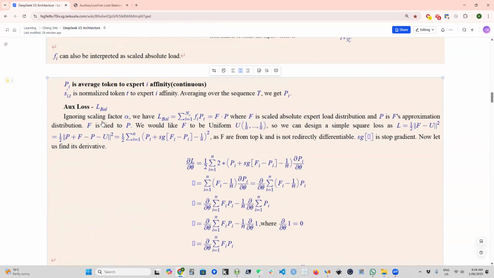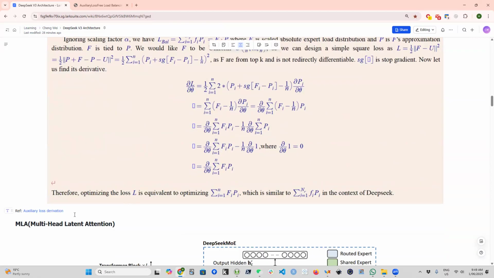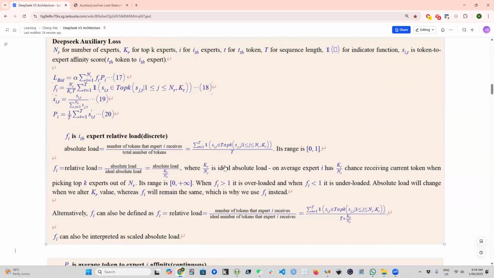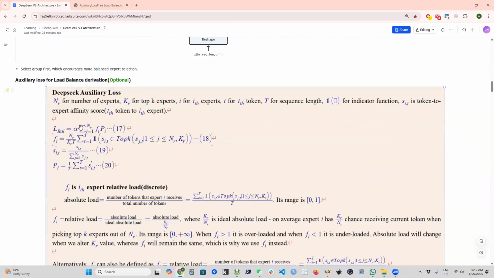They only have one or two sentences, a very simple mention, but there's no detailed derivation. So this is my understanding, so it could be wrong, but I think this makes sense to me. That's why this formula comes from here.